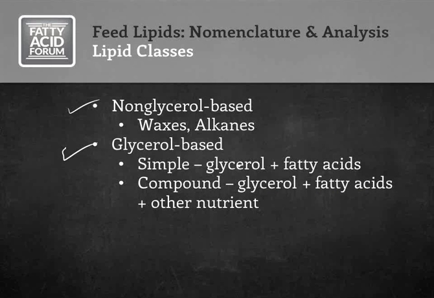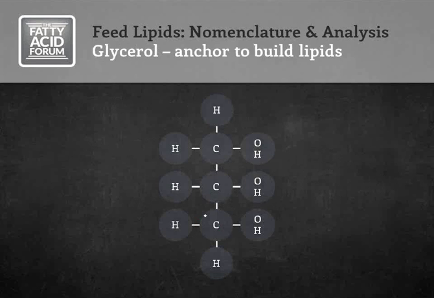So our focus instead is on the glycerol-based lipids, and we can subdivide those into simple and compound. Simple lipids contain only glycerol and fatty acids. Compound lipids have the same, glycerol and fatty acids, but in addition what makes them unique is the presence of another nutrient group.